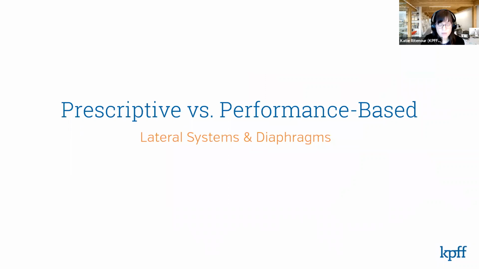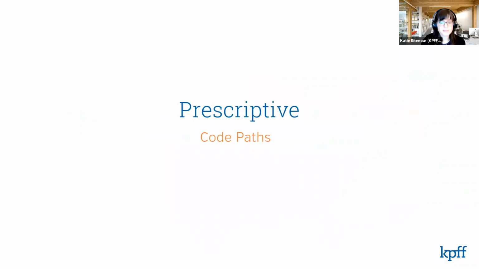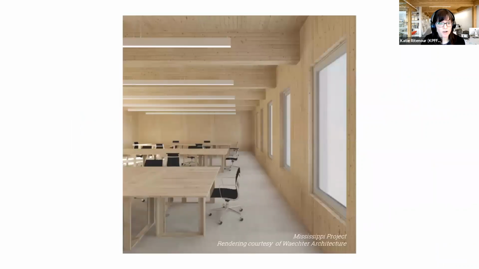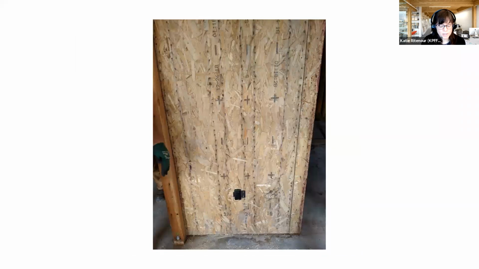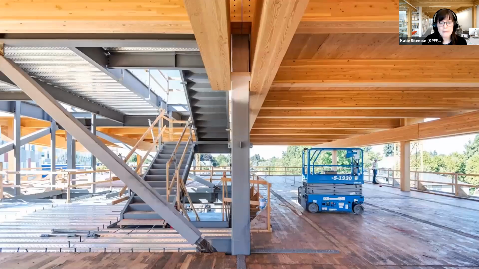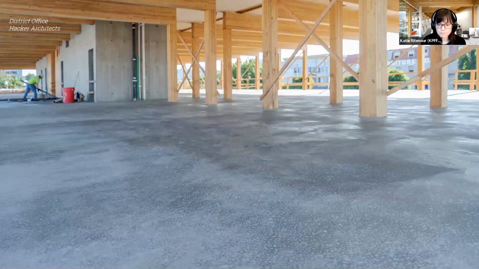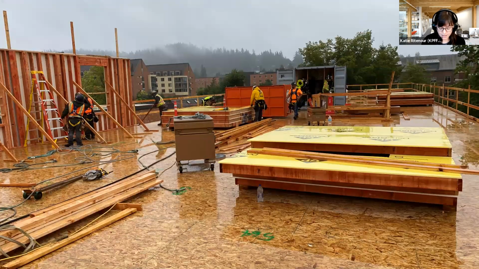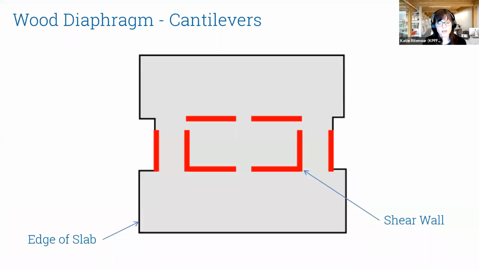Starting with the prescriptive code paths, we have mass timber shear walls here in Oregon. That's available with the Oregon statewide alternative method. We also have light framed wood shear walls, concrete shear walls, steel brace frames, concrete diaphragms, plywood or OSB diaphragms. One thing to note about the wood diaphragms is that currently code has some restrictions with how far the wood diaphragm can cantilever from your lateral system.